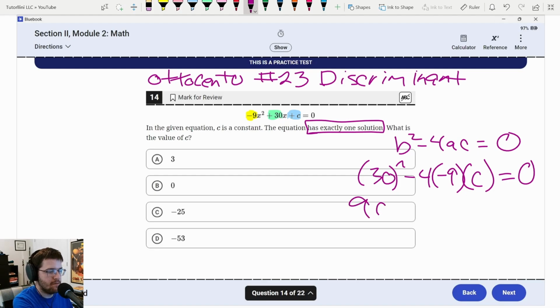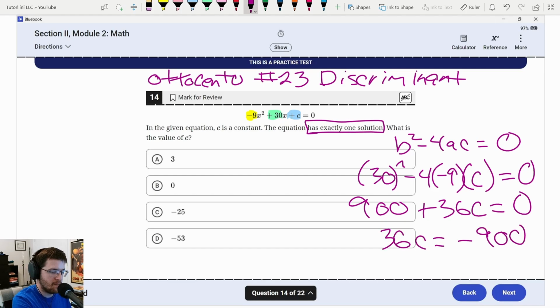Okay, 900. -4 times -9 is 36, so this is plus 36c. And now we just solve. So subtract 900 from both sides, I get 36c equals -900. And -900 divided by 36 is -25. And that gives us choice C.